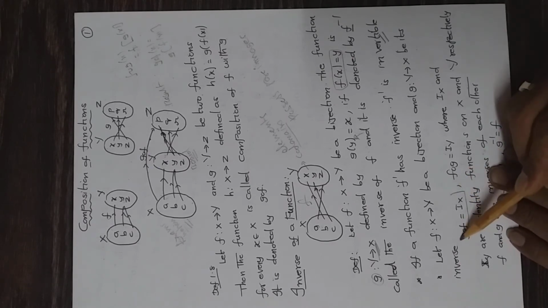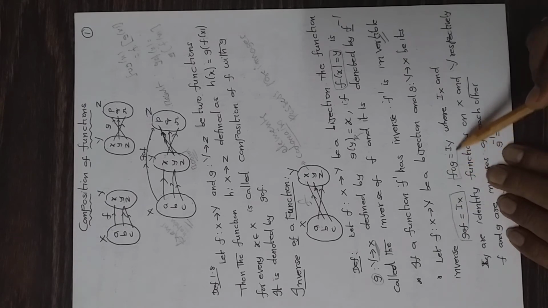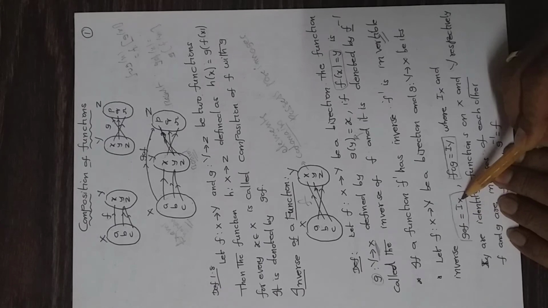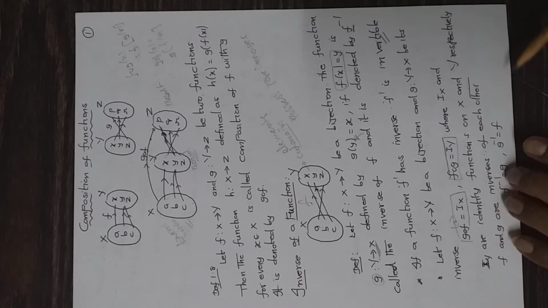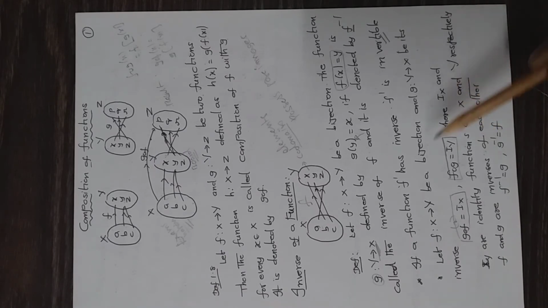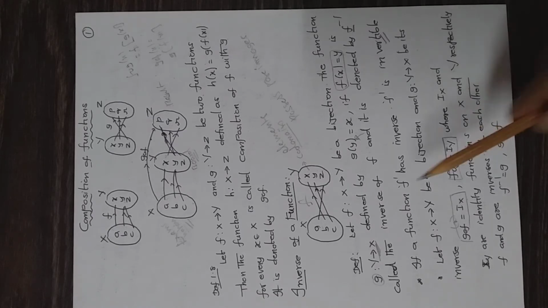Very, very important: gof is equal to Ix, fog is equal to Iy. That means g circle f of x should be Ix. Whatever input you give, the same output you should get. For example, input is x means Ix. And f circle g of y is Iy, like identity functions, where Ix and Iy are identity functions on X and Y respectively. So whenever the given function is invertible, it has to satisfy these two conditions.